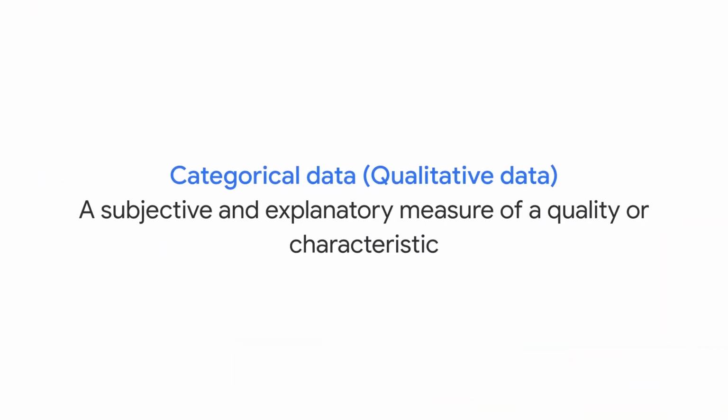Categorical data, also referred to as qualitative data, is a subjective and explanatory measure of a quality or characteristic. Put in simpler terms, it's data that describes the categories or qualities of the data being collected. Think of things you can name, like countries, industries, or products.